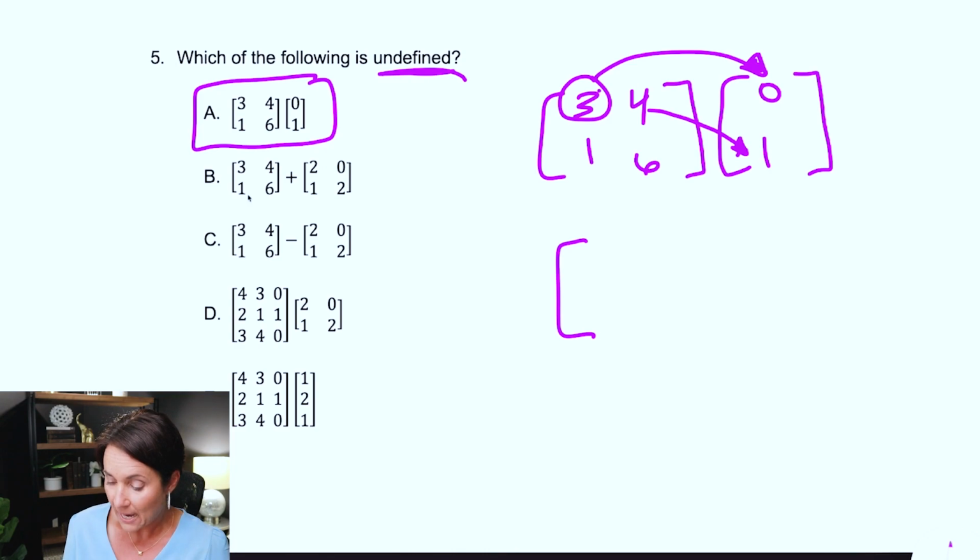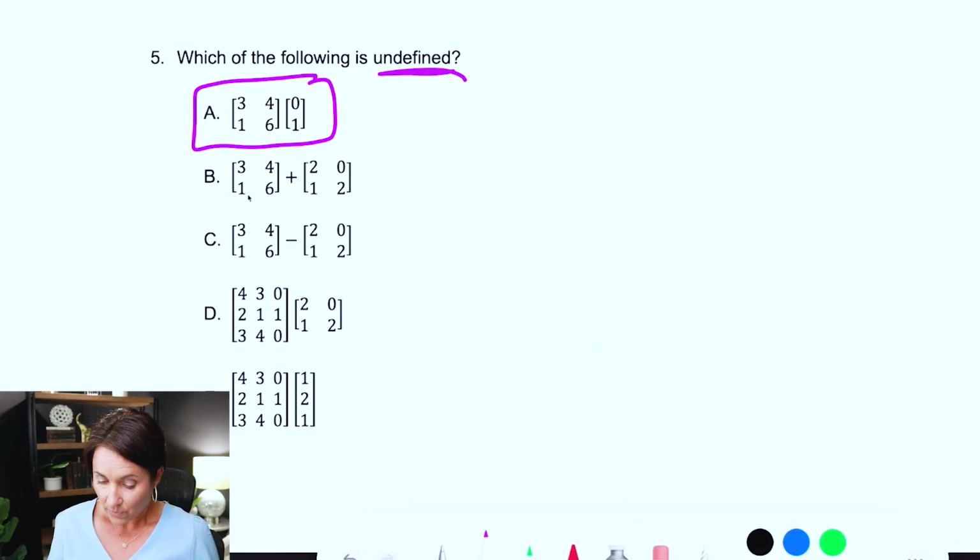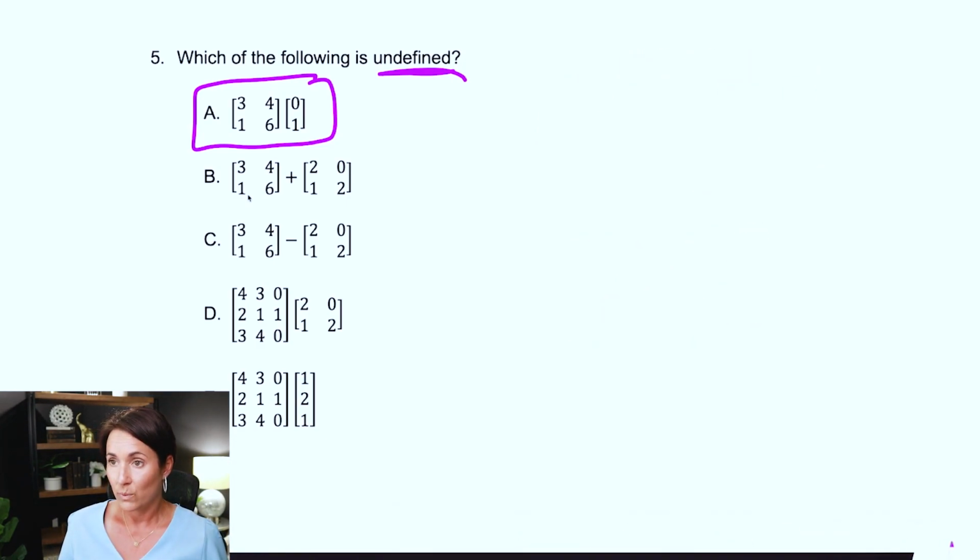So 3 times 0 is 0, and 4 times 1 is 4. So this equals 4. And then we have the bottom one, we have 1 times 0 is 0 plus 6 times 1, which is 6, and that equals 6. So A is defined. We can define it.